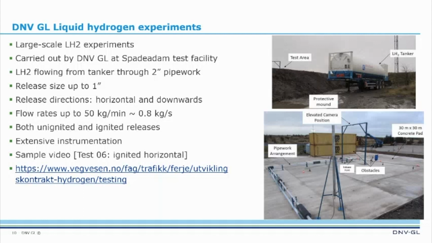So the Spadeadam tests, these are quite large scale, and there was a liquid hydrogen tanker, and the liquid hydrogen was piped using 2-inch pipe to the concrete pad that was going to be used for the experiments, and release directions varied in 2 ways, so either horizontal or downward. And there was particular interest in the downward because this is much more likely to cause some kind of liquid pooling on the ground.